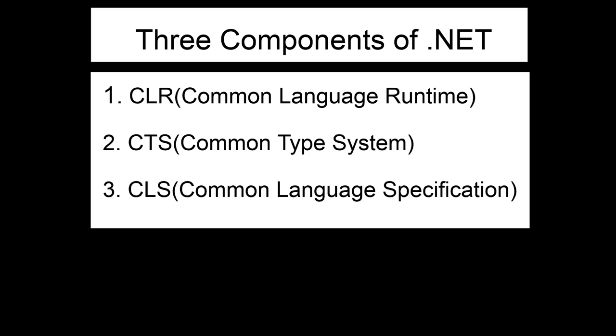The primary role of this layer is to locate the .NET objects. After locating these .NET objects, it loads them into memory. After loading these .NET objects into memory, the CLR manages these .NET objects.